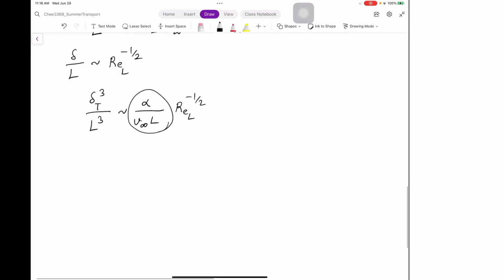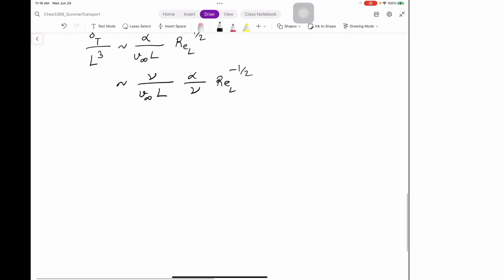And again, this looks like the Reynolds number, but we need to multiply and divide by nu, right? So you can do the same trick as we did before, nu over V infinity L, alpha over nu, Reynolds number L, -1/2.